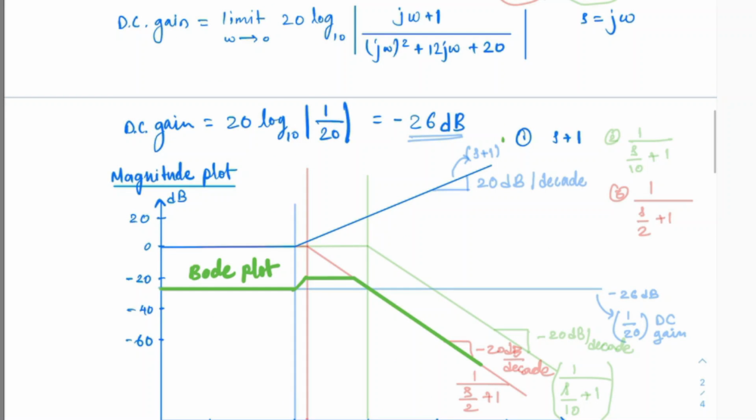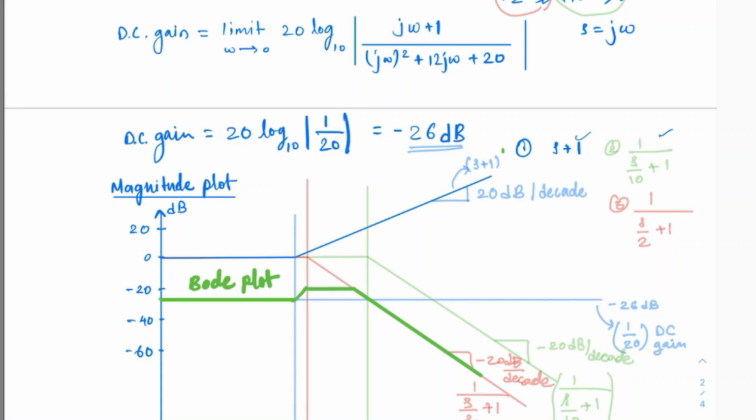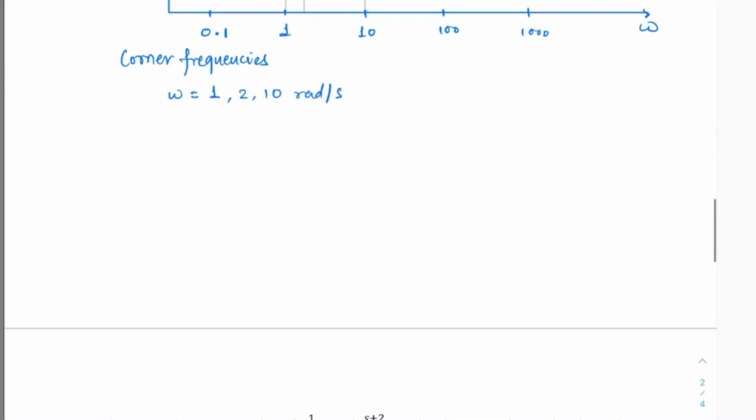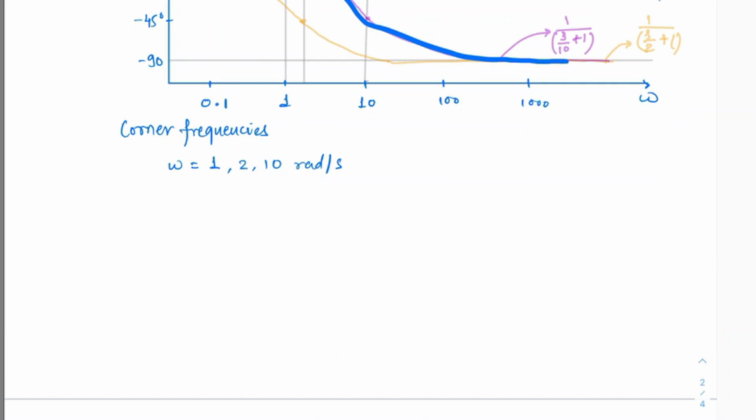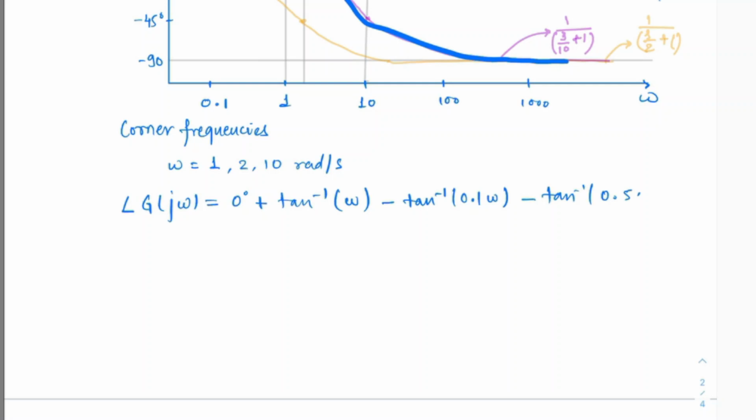The angle of G of j omega is 0 degree plus tan inverse omega minus tan inverse 0.1 omega minus tan inverse 0.5 omega.